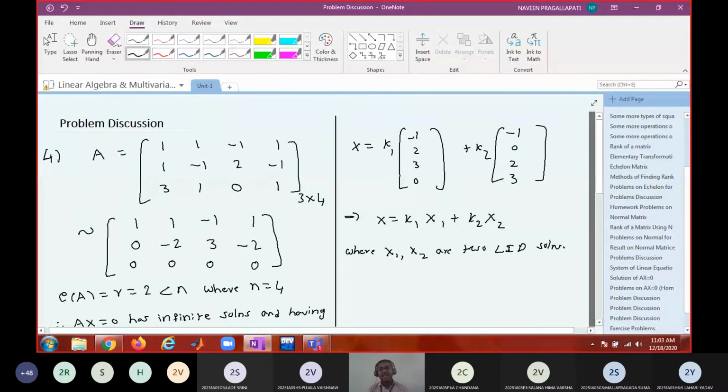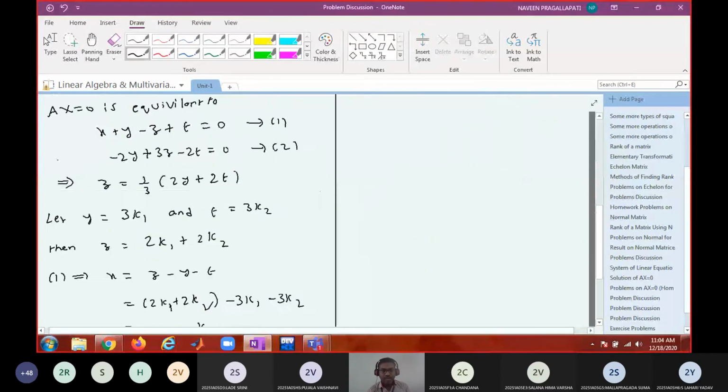So we have seen different problems on homogeneous systems of linear equations, where m equal to n case, m less than n case, m greater than n case, unique solution case, infinite solutions case, system having one independent solution case, and system having two linearly independent solutions case. So we have seen all the different cases on solving systems of linear equations. Shall I proceed? Any doubts?